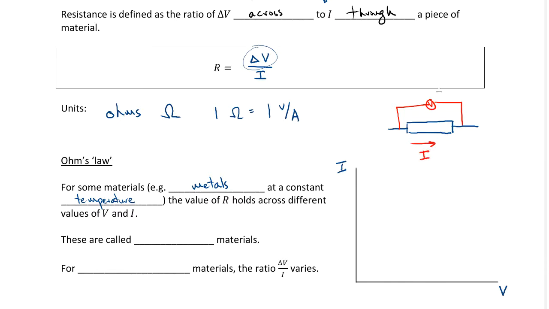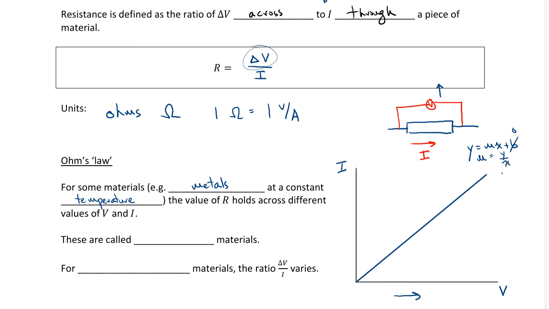So as I increase the potential difference across it, I'm moving to the right on the graph. Now, for some materials, the ratio of V over I, in other words R, is going to be the same throughout. What that would look like is something like this. Because remember from your equation of a straight line, y is equal to mx plus b, that if b is equal to 0, because the y-intercept is 0 here, then m is equal to y over x.